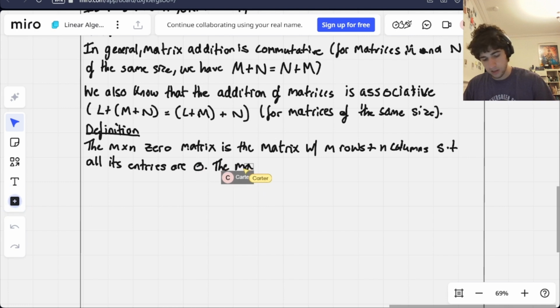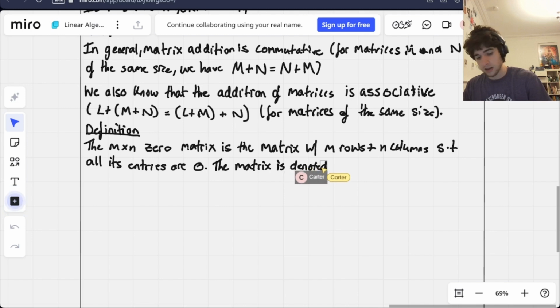The matrix is denoted as just 0, like that, unless we need to specify its size.